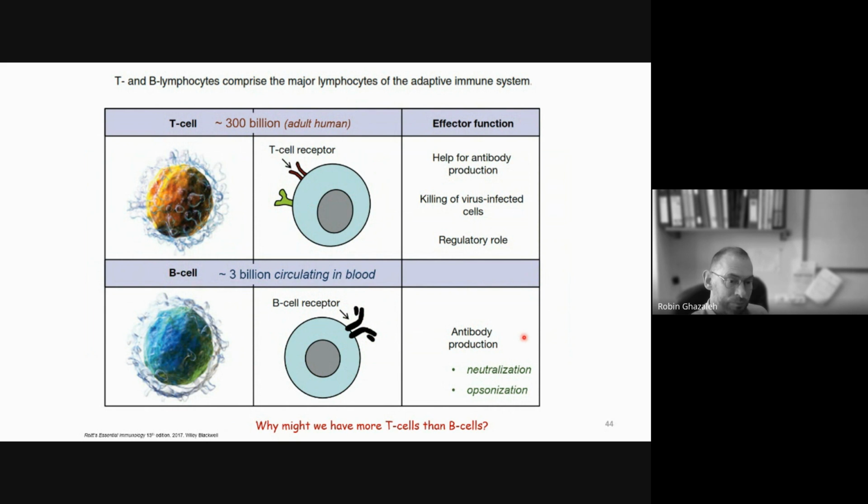Antibody production, neutralization, opsonization, two terms in immunology. Neutralization means that the antibody produced is actually able to block the infection. Opsonization means that we coat the surface of the pathogen, but it's not destroyed directly, and it's not prevented from entering cells in the case of a virus.